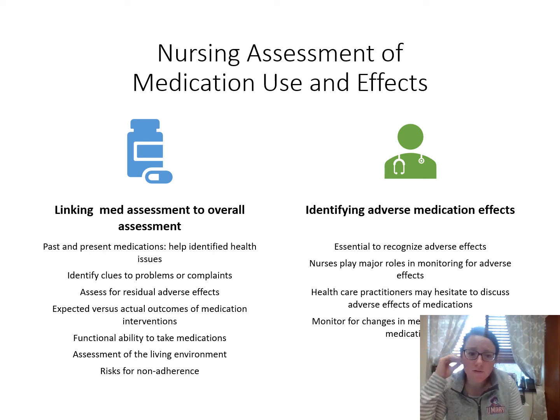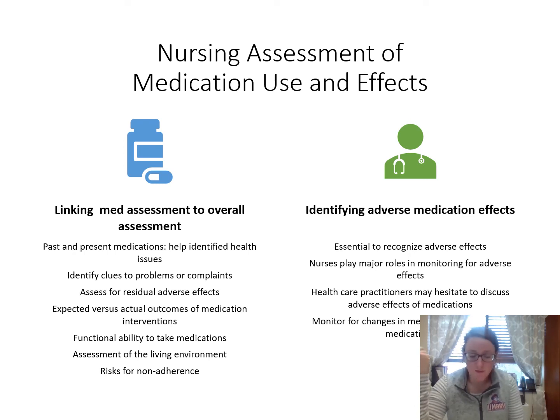Also identifying clues to problems or complaints as far as they're having a symptom that might be answered in the medication regimen that they have. As far as their functional ability to take those medications, we can observe that home environment, look at their medication taking behaviors, and that health assessment serves as the basis for identifying many factors that can increase the risk of medication non-adherence.